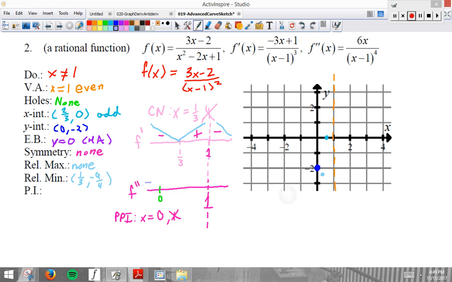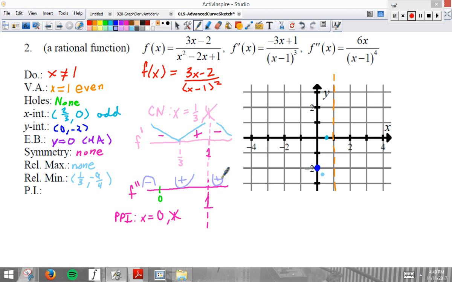Positive over positive, positive. After 1 is like 2. Positive over positive. So we go from concave down to concave up to concave down. I'm sorry, from concave down to concave up to concave up.